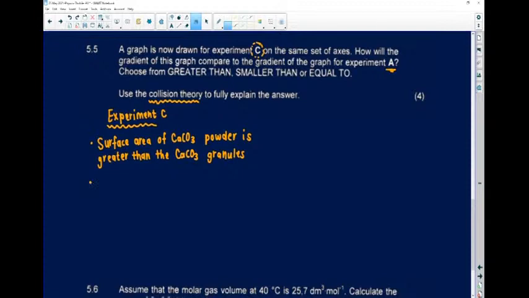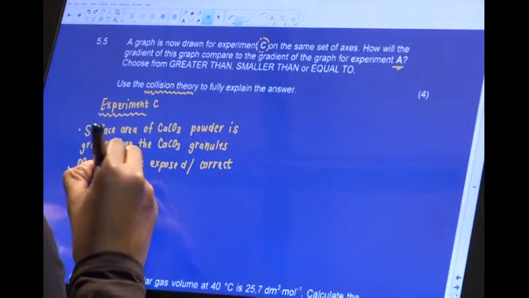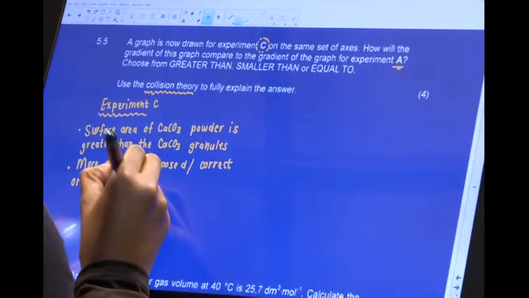Okay, I could further say more particles exposed. You could have said correct orientation. That's what it affects.